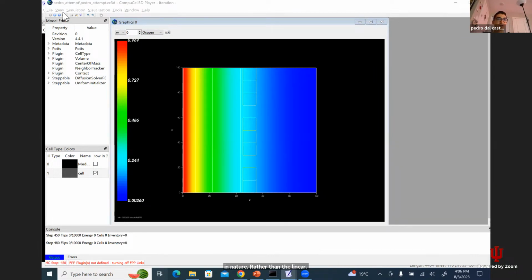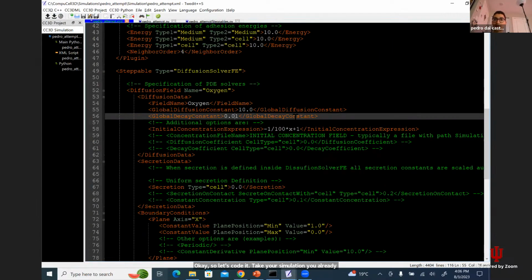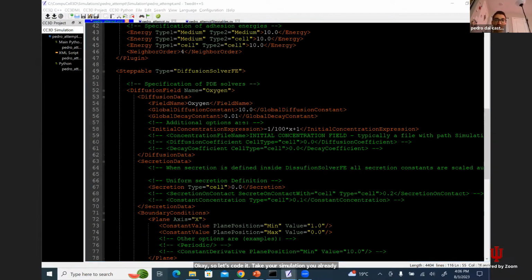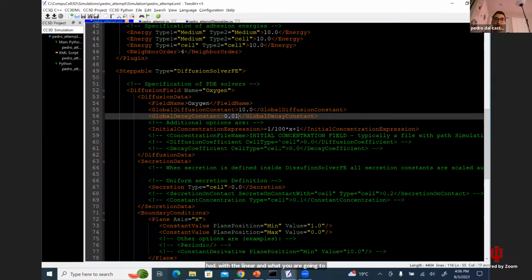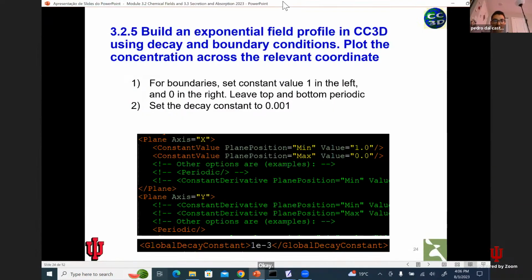Okay, so let's code it. Take your simulation you already had with the linear gradient, and what you are going to do is basically set a positive global decay constant, and that's basically it. So I'll go back to the slide here.